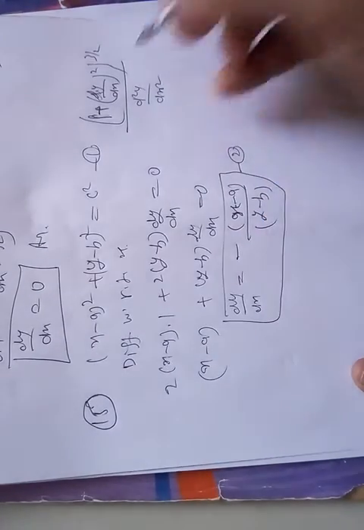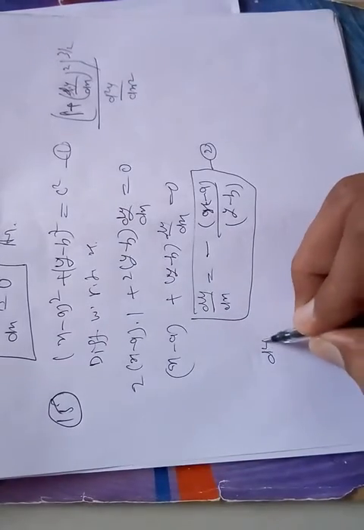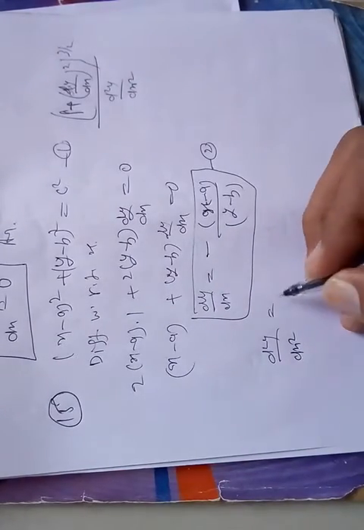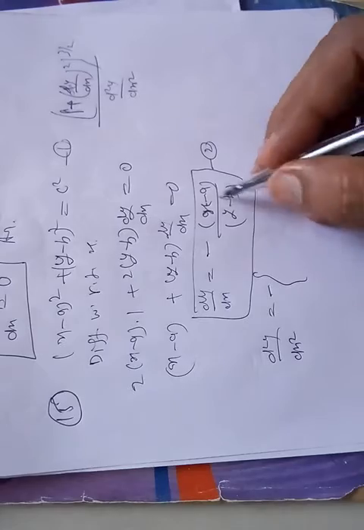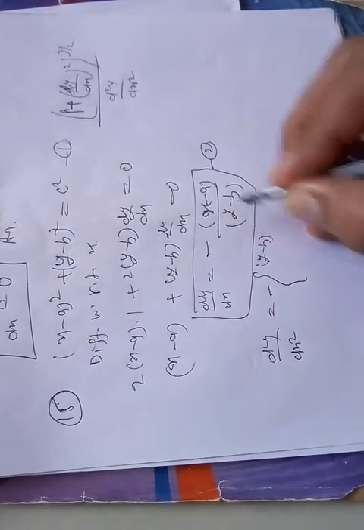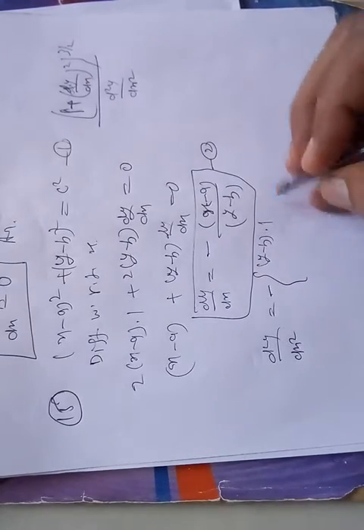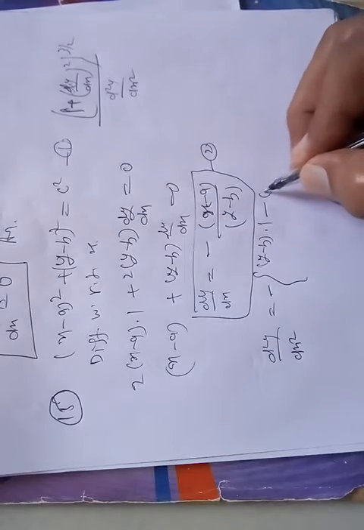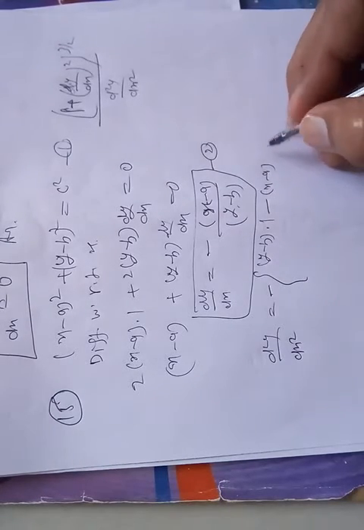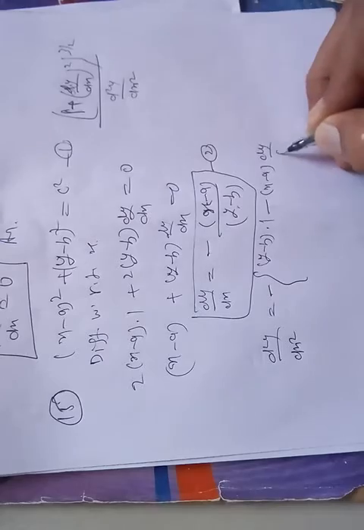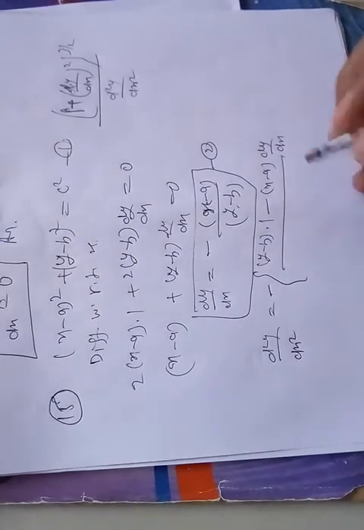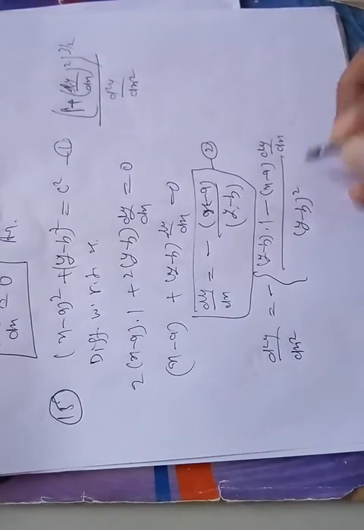Now find d2y/dx square: second times d/dx of first, minus first times d/dx of second, upon (y minus b) whole square.